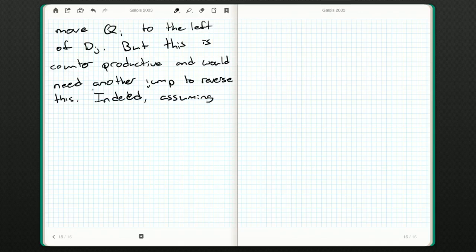So what I mean by this is, let's say the quarter jumps over the dime. So QI, the ith quarter, I don't know if it's 1, 2, or 3, it doesn't really matter, jumps over the jth dime.